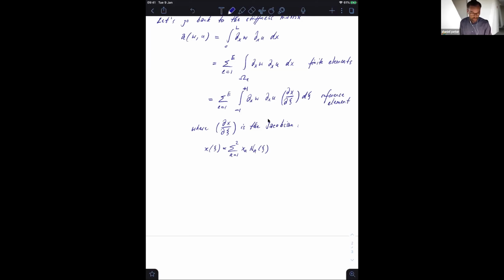And so what's the derivative of that? So x with respect to xi is going to be the sum of xa times the derivative with respect to xi of the shape functions Na.